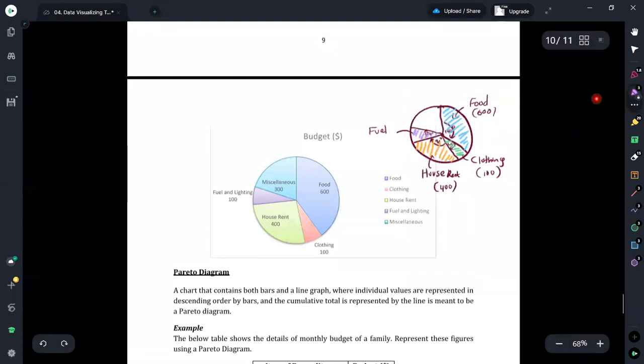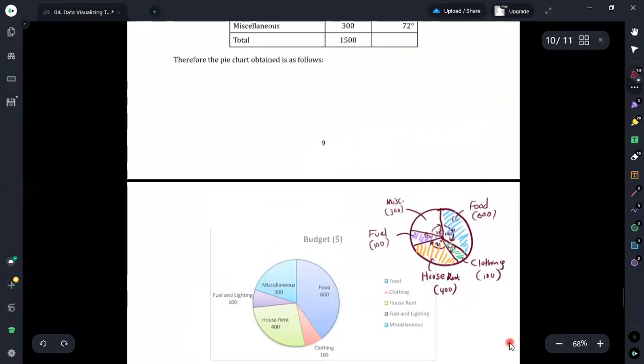And then the remaining is actually for miscellaneous. Then we can say for the miscellaneous we can have this value, and here I have maybe missed that fuel, we have used 100. For miscellaneous it is 300, and the angle that we have obtained here, I think, is 72 degrees.